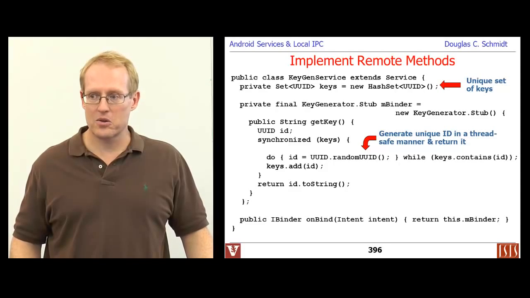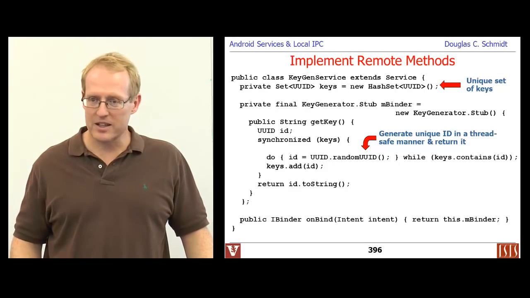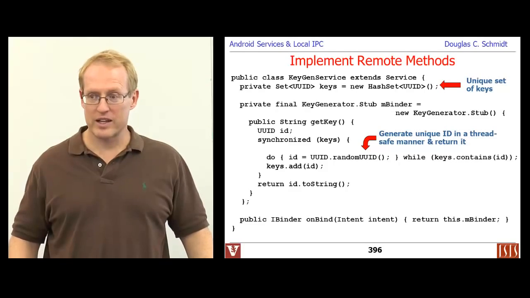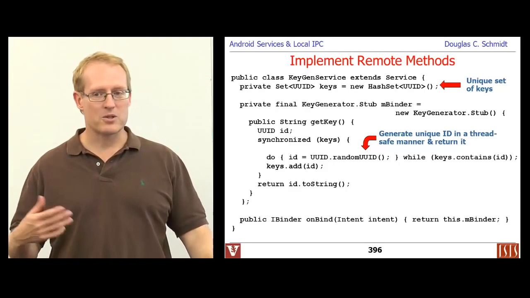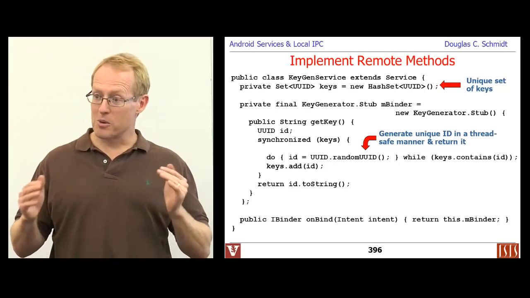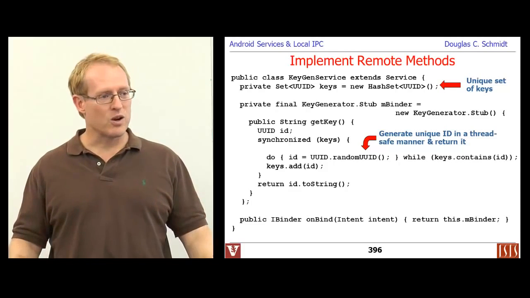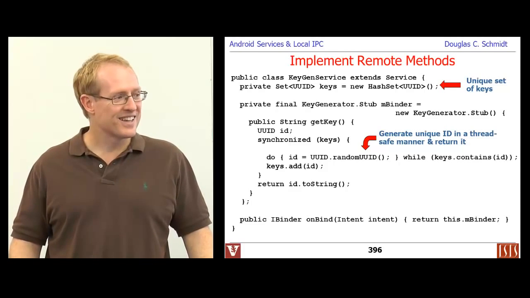When getKey is called, where is it running? It's not running in the client. It's running in the service. Obviously, it's a service. But there's something more important about that. Is it the thread that called it? Nope, because this is a remote call. It would be the same thread if it was co-located. So it's running in a special place.